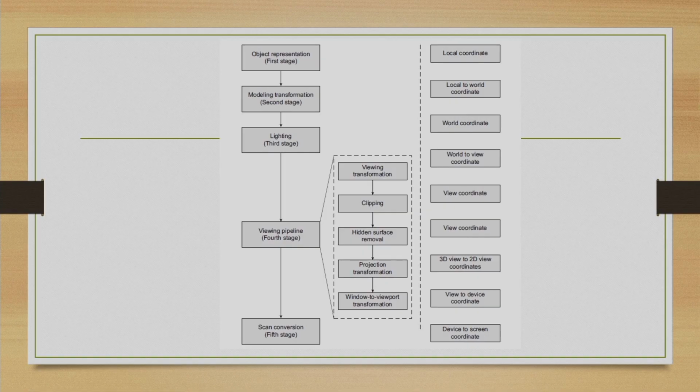So, let us just quickly have a relook at the pipeline stages and then we will start our discussion on today's topic. What are the pipeline stages? We have object representation as the first stage, then modeling transformation as the second stage, lighting or assigning color to objects as the third stage, viewing pipeline as the fourth stage, and scan conversion as the fifth stage.